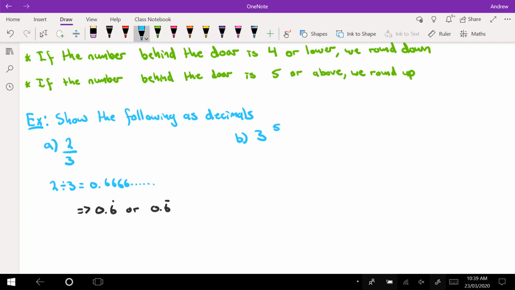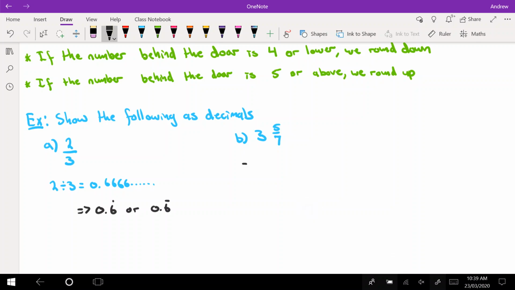3 and 5 over 7. Now I need to try and figure out the decimal approximation of 3 and 5 over 7. Well, if I write 3, that's exact, right? That's the number. We want to split them up.